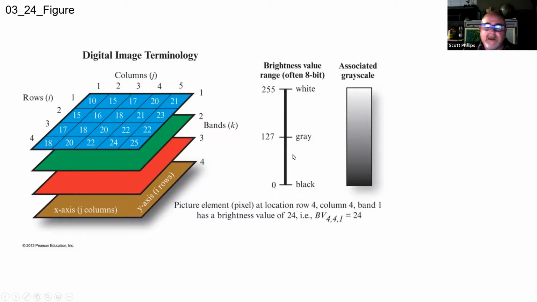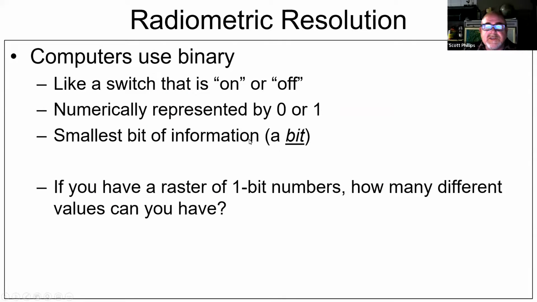But in some cases, you can have satellites collect data that's at higher bits, and instead of having 0 to 255, it can have something like 13,000 different values. And that's called radiometric resolution.